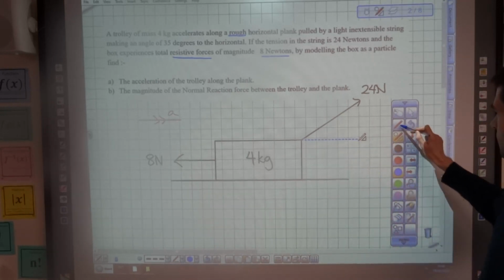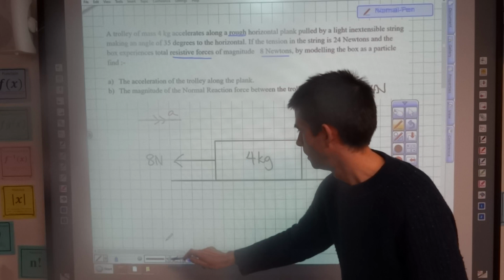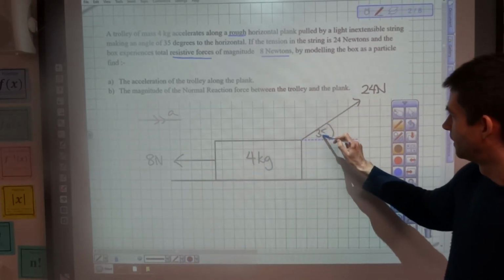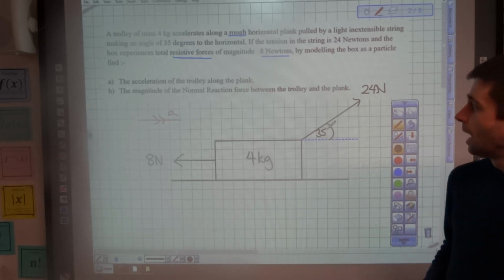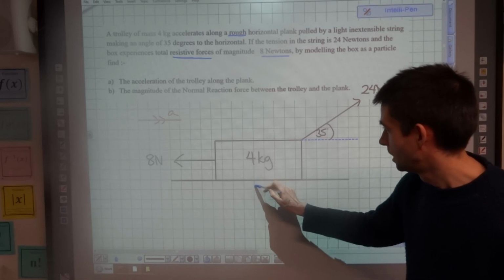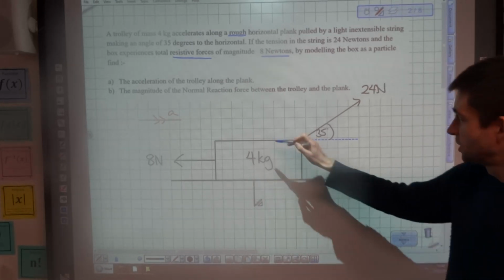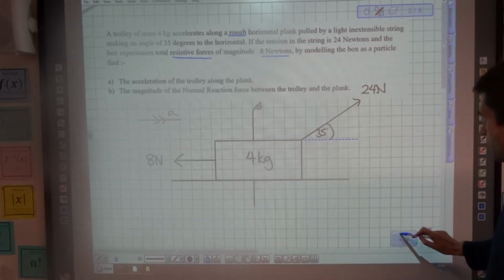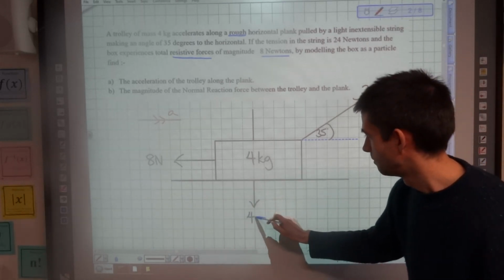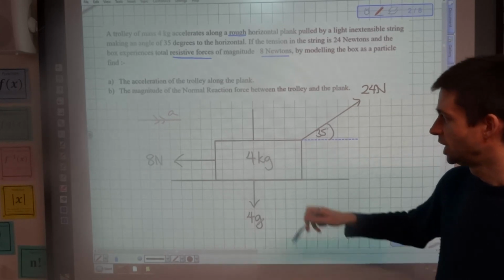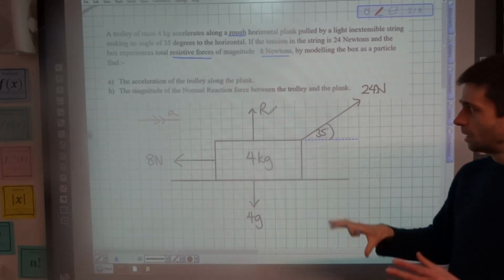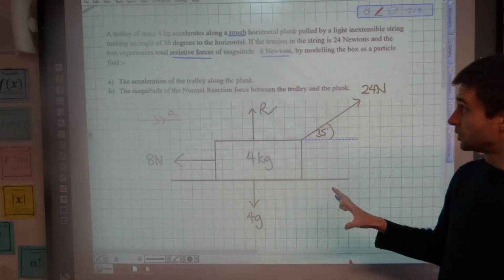The other forces acting on this system are the weight of the particle and a normal reaction force. The weight is mass times gravity, which is 4g, and then we have a normal reaction force R. So I've labelled all the forces acting on the system now.